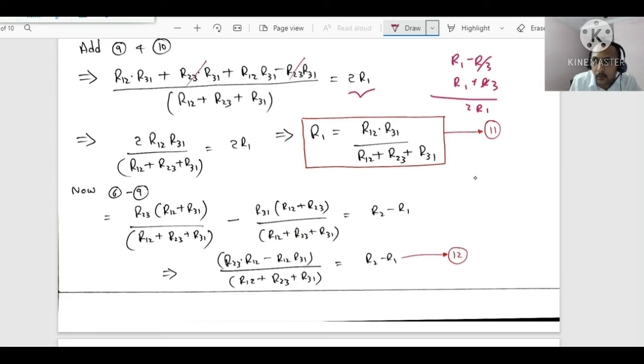So 2 times R1 is equal to 2 R12 R31 whole divided by R12 plus R23 plus R31. From this, 2 and 2 will get cancelled. So R1 equal to R12 into R31 whole divided by R12 plus R23 plus R31. Very, very important. See here, if you recollect, this is the delta given.